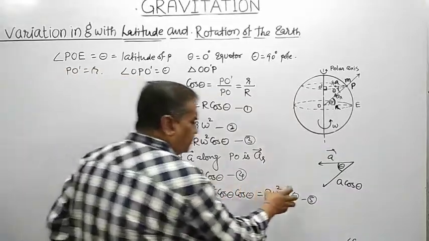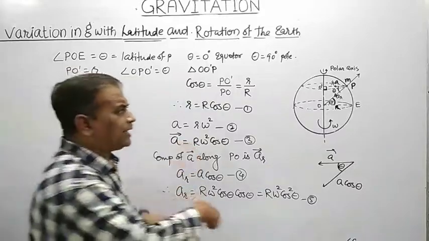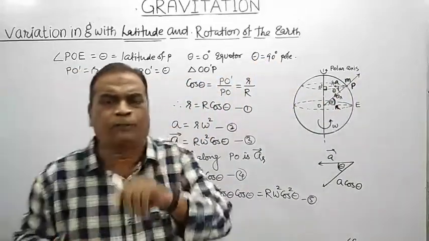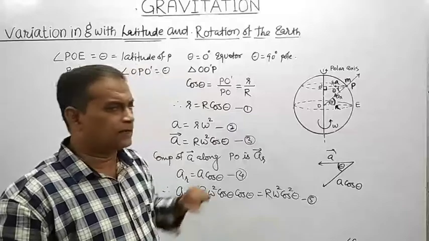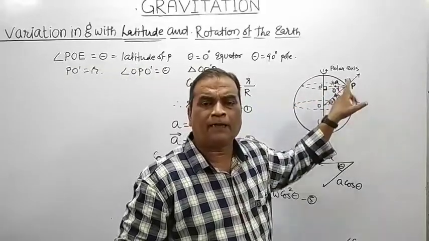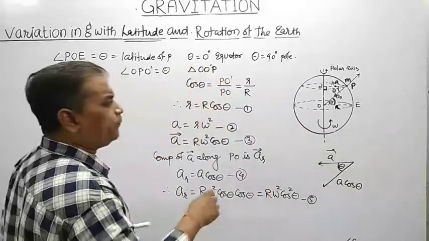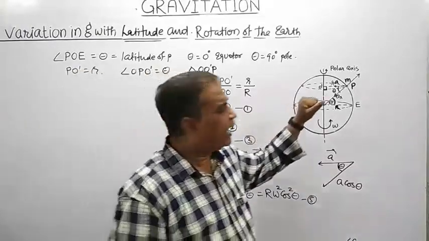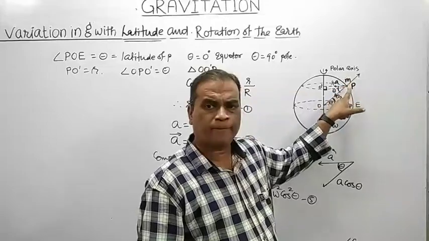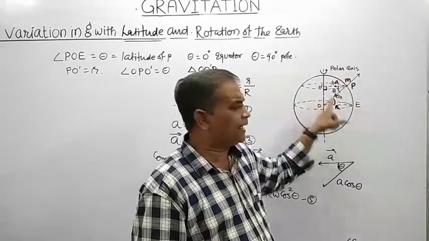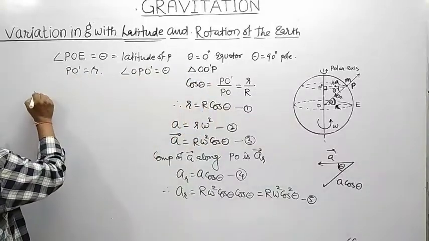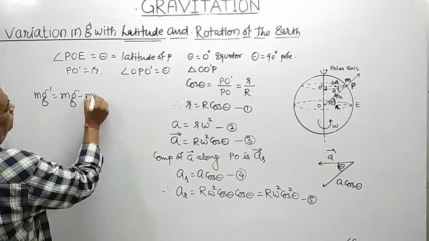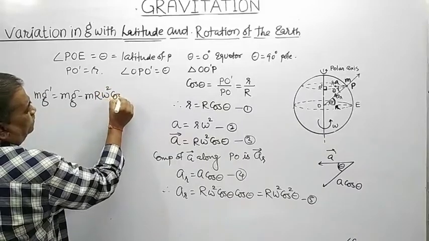So this component of centripetal acceleration, which is acting on the particle at point P and is directed toward the center O of the earth, helps to reduce the gravitational force acting on the particle at point P. So the net effective gravitational force acting on a particle of mass m at point P, which is at latitude theta, is given by mg dash is equal to mg minus m R omega square cos square theta.